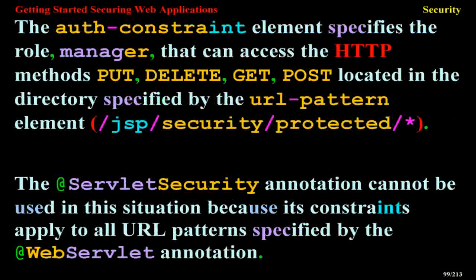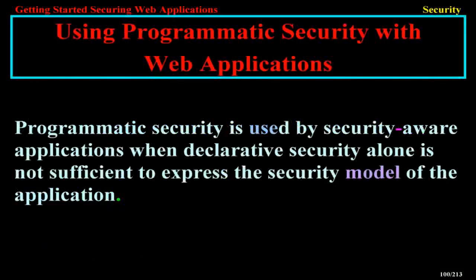The auth-constraint element specifies the role, manager, that can access the HTTP methods PUT, DELETE, GET, and POST located in the directory specified by the url-pattern element, jsp/security/protected. The Servlet security annotation cannot be used in this situation because its constraints apply to all URL patterns specified by the WebServlet annotation.